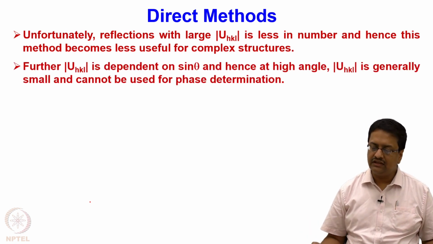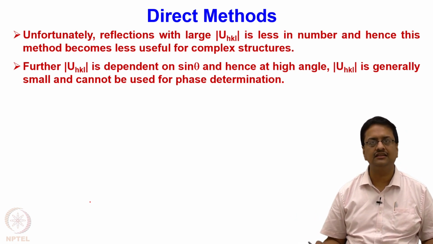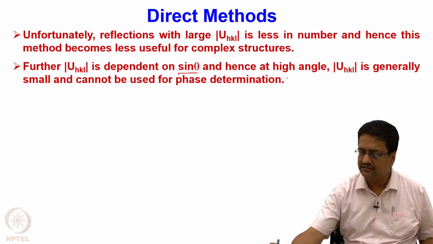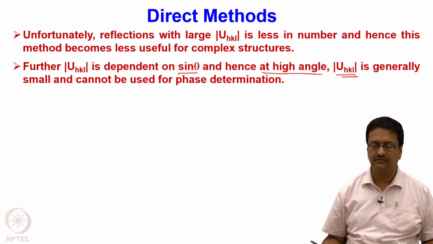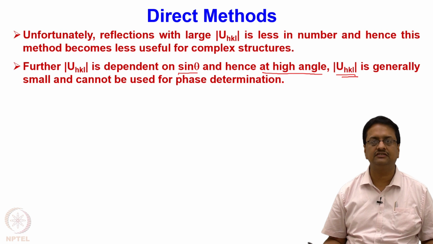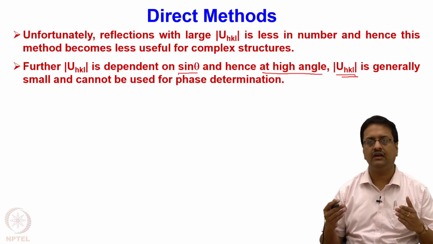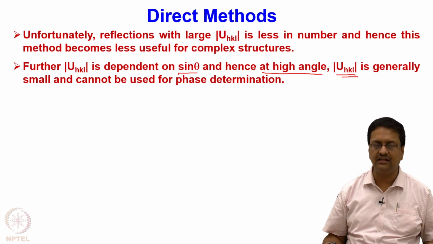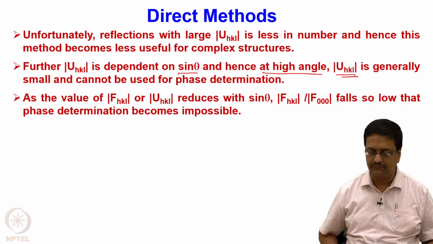Further, U_HKL, which is dependent on F_HKL, is dependent on sin theta, and hence at high angle, that is at high sin theta, U_HKL is generally small and cannot be used for phase determination purposes. That means the data that we collect is up to say 50 or 60 degrees theta, but U_HKL values fall off rapidly at higher angles, and those reflections will not have a significant value of U_HKL, and we won't be able to determine the phases correctly.